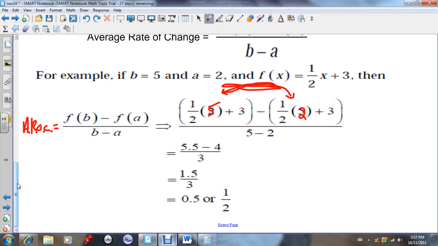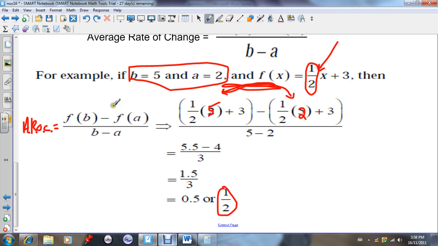So the average rate of change for this function right here, 1/2 x plus 3, between 5 and 2 is 1/2. Now, how else could you have seen it was 1/2? Just look at where this red arrow is pointing. What kind of function is this?